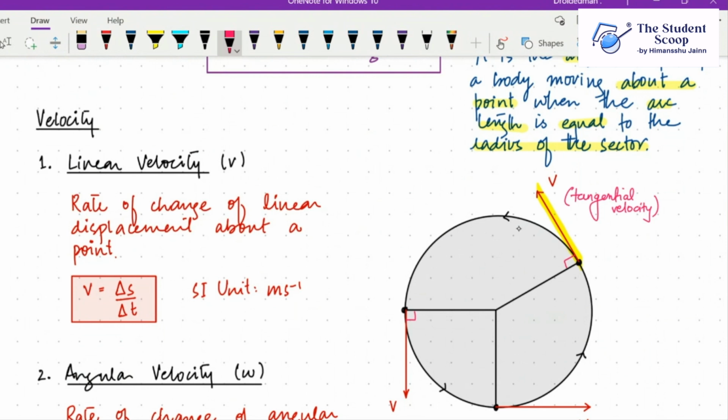For example, if this is a string and I am spinning an object of this mass, and I cut the string, at whichever position I cut it, the object will follow a straight path along the tangential velocity. If I cut the string at this position, the object will go in that direction. This is very important so that we know the direction of the tangential velocity.